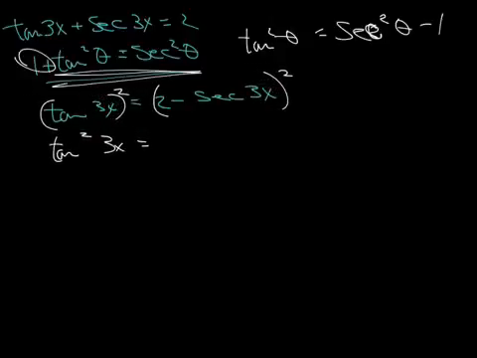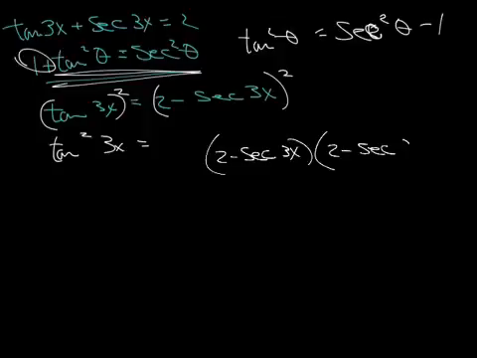I'm going to do it and then erase it. 2 minus secant 3x times 2 minus secant 3x. And when I multiply those together, I get 4. I'm going to do the first term, doing the FOIL. And then I'm going to do the outside. And then the inside. Whoops, that should be a minus, shouldn't it?